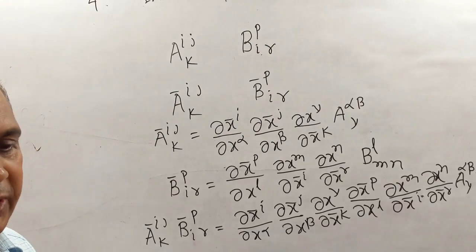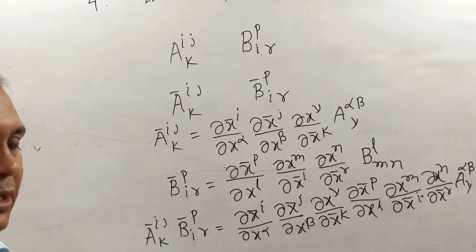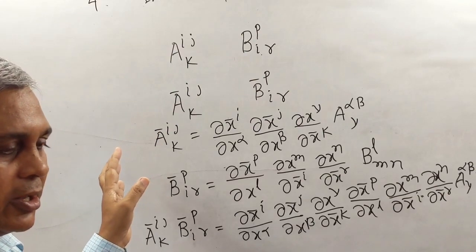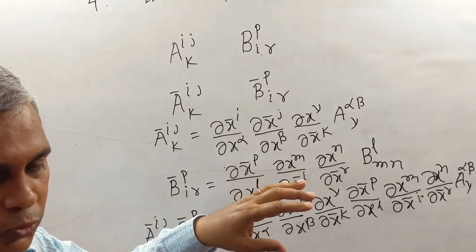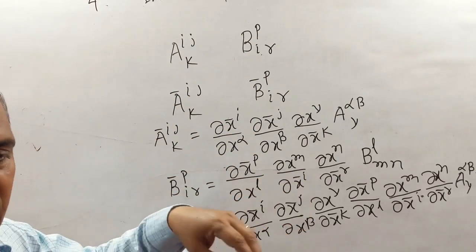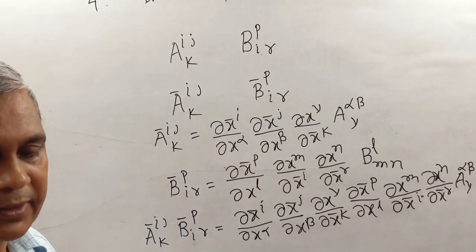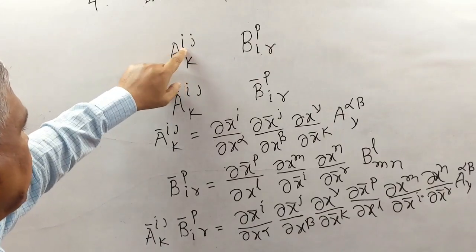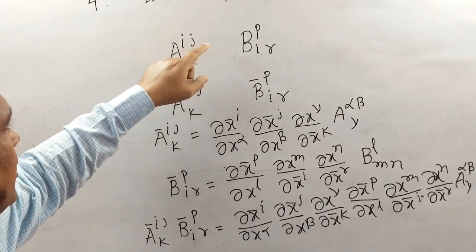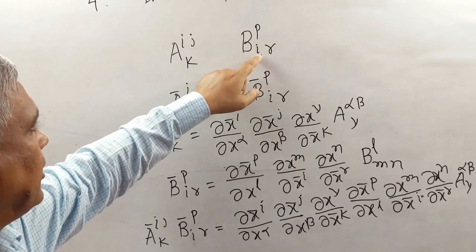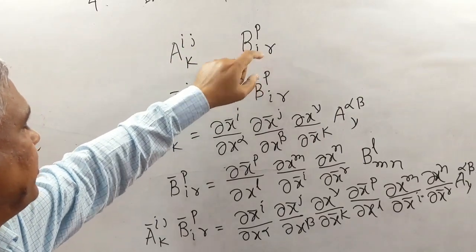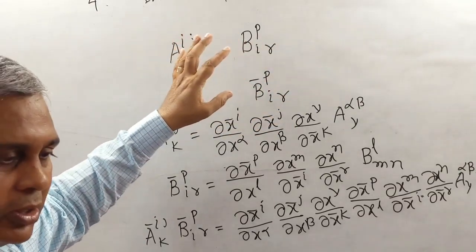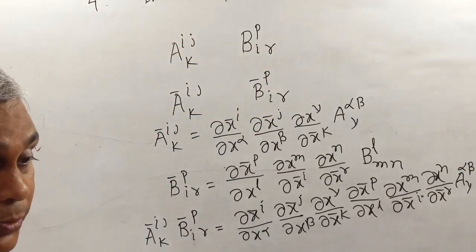The product is said to be inner if at least one contravariant suffix of a tensor is equal to the covariant suffix of the second. Here i appears as contravariant suffix and here i appears as covariant suffix. So the product of these two tensors is said to be the inner product of two tensors.